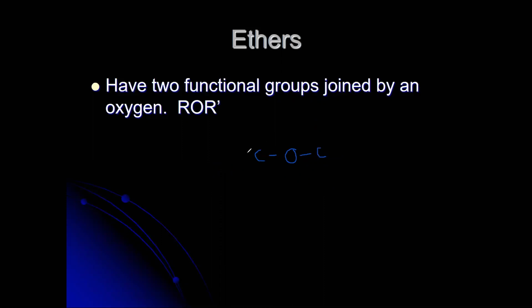I think I gave some bonus for being able to name some of these structures. And so this would have been an ethyl methyl ether. You've got a methyl group here, an ethyl group there, and I didn't do crazy branchings for the naming stuff. You put them in alphabetical order. So ethyl goes in front of methyl. So ethyl methyl ether.